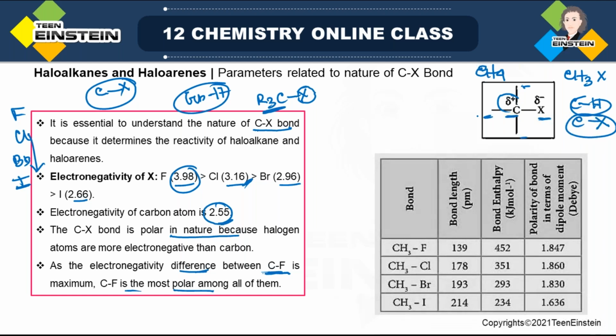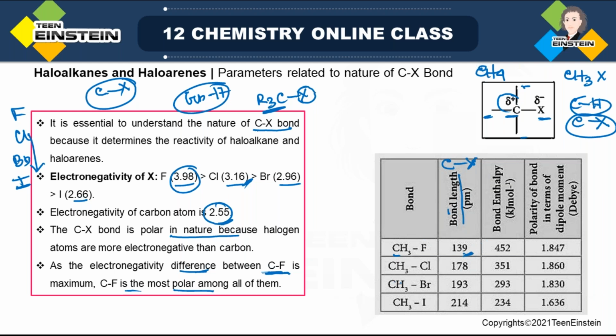Now here we have taken four molecules: methyl fluoride, methyl chloride, methyl bromide, methyl iodide. And here we will see the bond length. Here it is mentioned bond length in picometer, but which bond? It is the carbon-halogen bond. Now when it is carbon-fluorine, obviously the distance is minimum because fluorine is smallest.